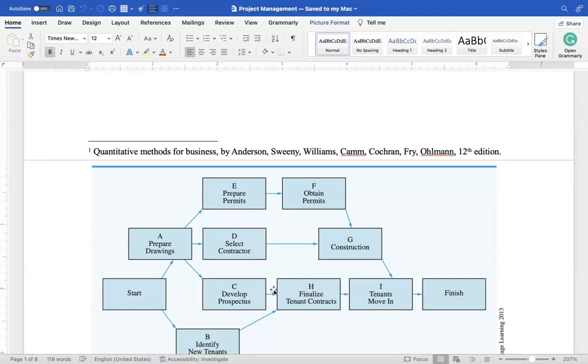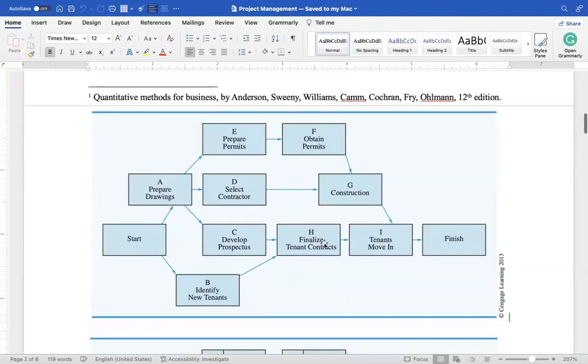Similarly, we have this activity, H, finalize tenant contracts. And this activity can only be started once activities C and B both are completed. If only one of them is completed, you cannot start activity H. Then activity H leads to I, leads to the finish point.